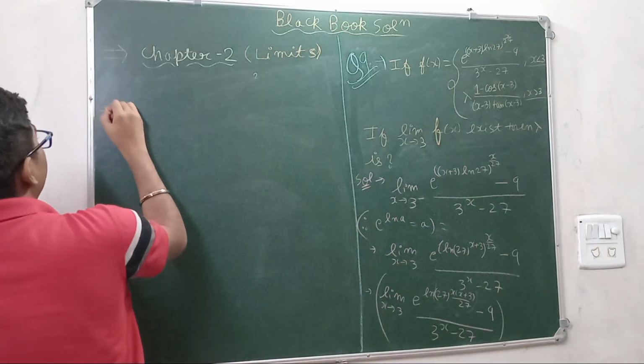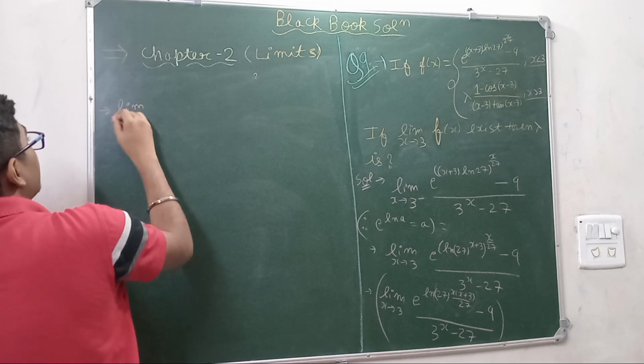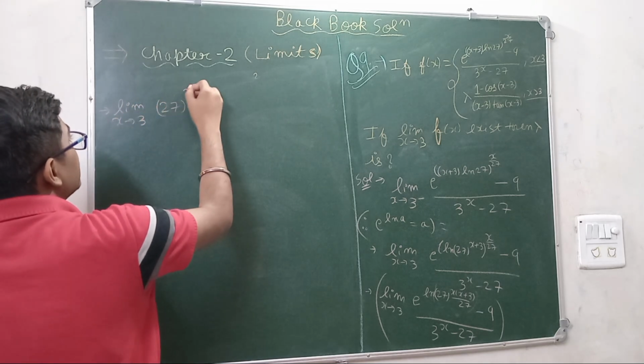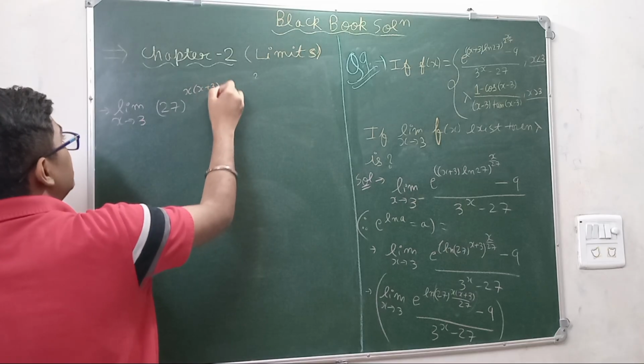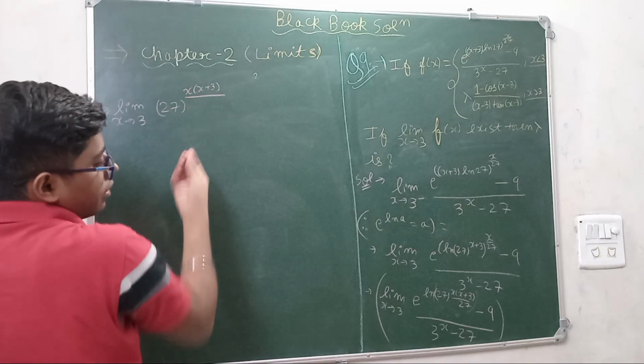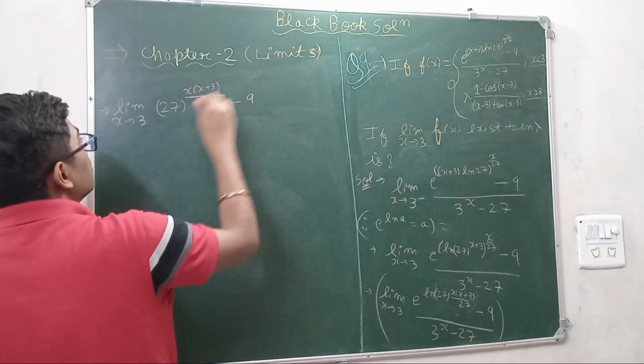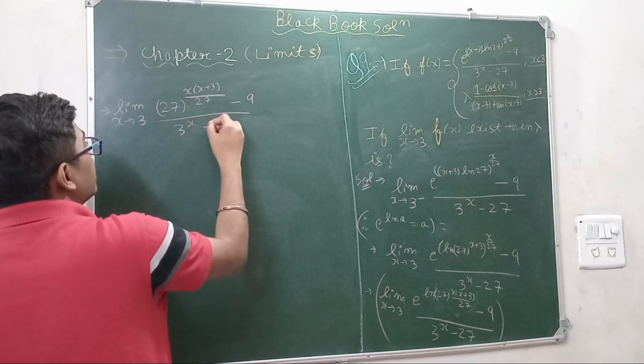So this will be limit x tends to 3 of 27 to the power x times x plus 3 by 27, minus 9 upon 3 to the power x minus 27.